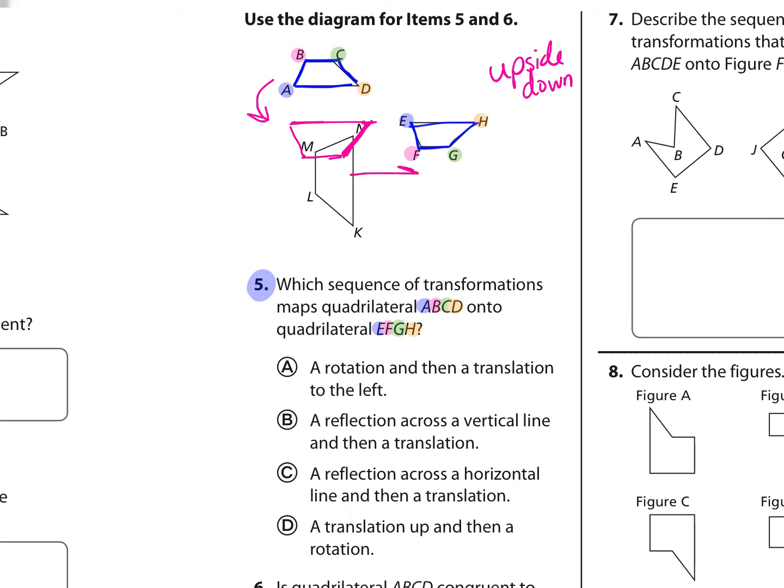And then it translated to the right. So we notice that there is a reflection across a horizontal line and a translation, answer choice C, because that upside down was a reflection. And it was across a horizontal line, for example, right here.